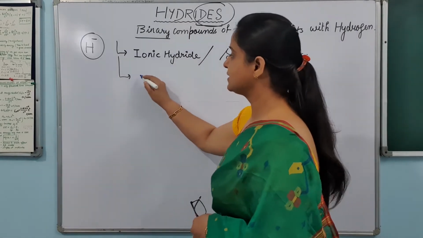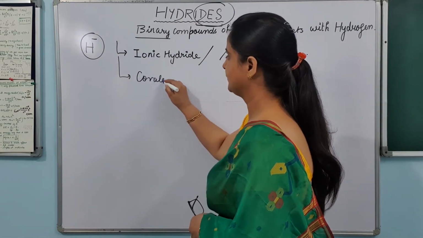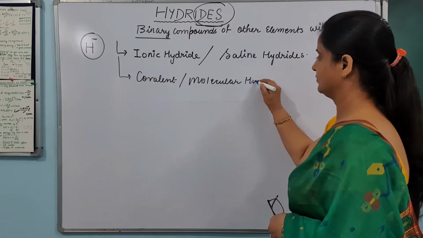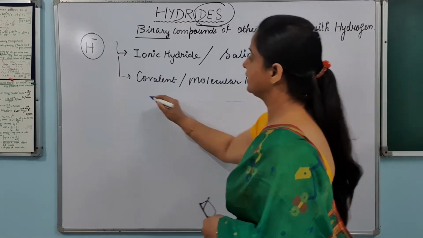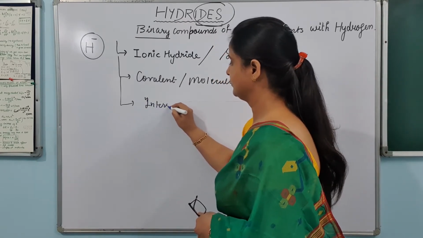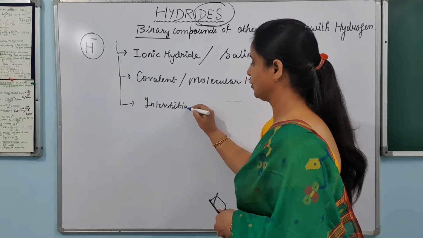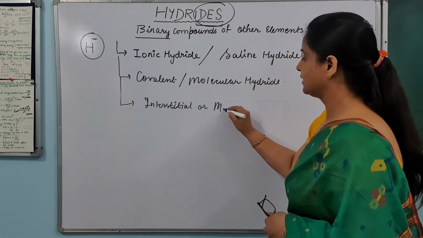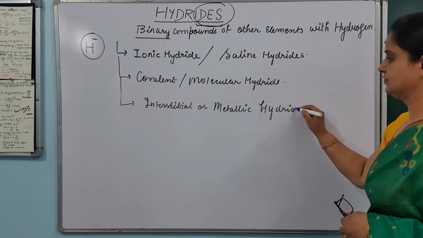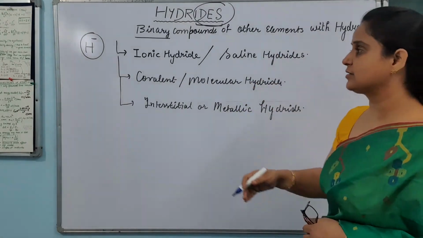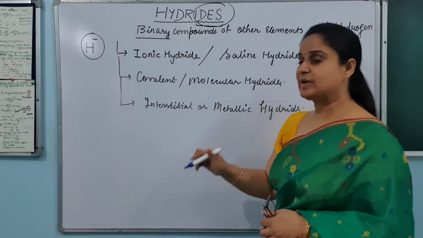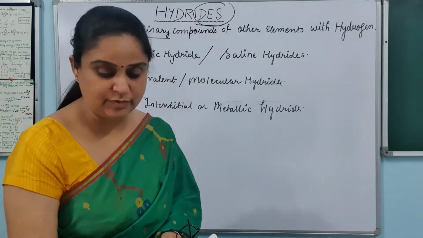First is ionic, second is covalent or molecular hydrides, and third is interstitial or metallic hydrides. So we have three types of hydrides: ionic, covalent, and interstitial or metallic. One by one we will understand the properties of all types of hydrides.